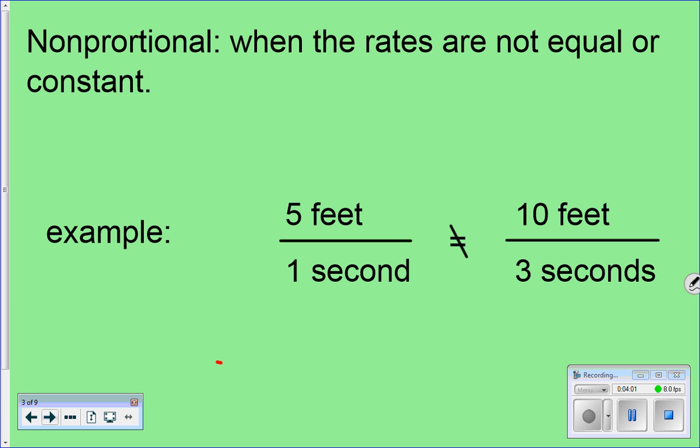And you might be looking at this right here, and you're saying, what does that even mean? This is a sign to say not equal. When you see an equal sign that has a line through it, that means not equal. So that's something new for you.